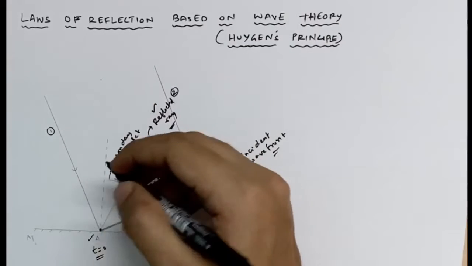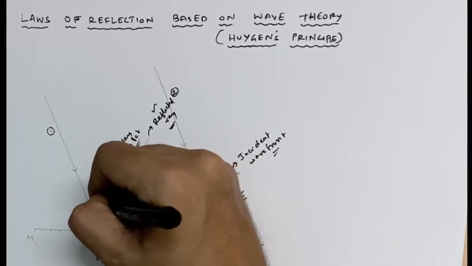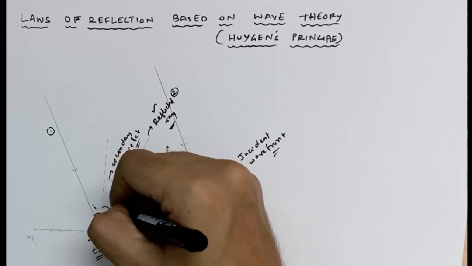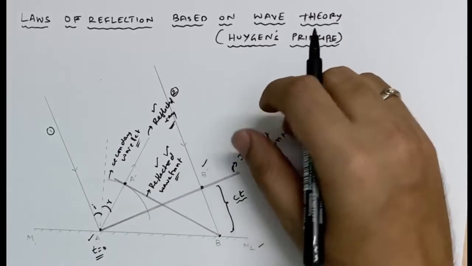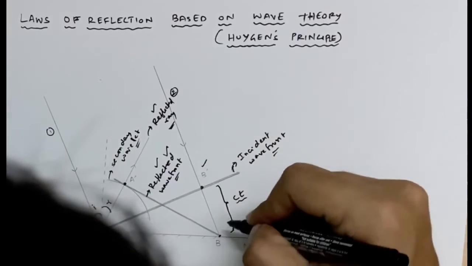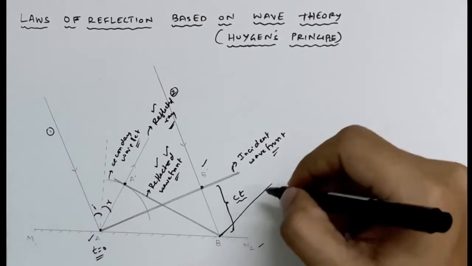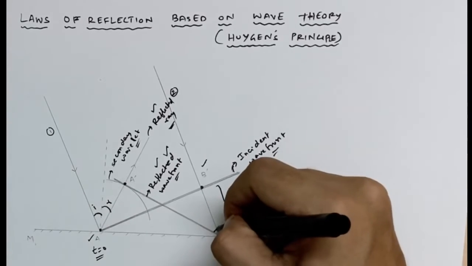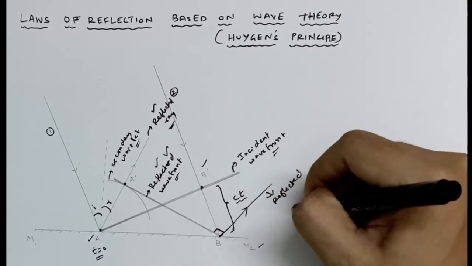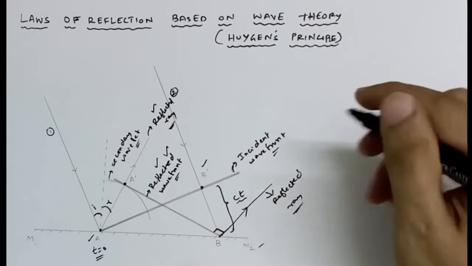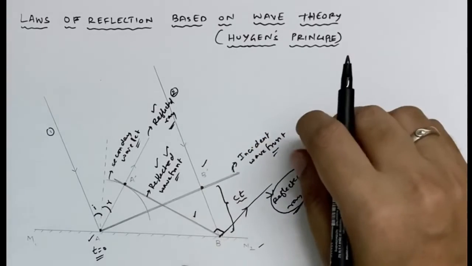When you draw it in such a way, if this is taken as the angle of incidence, then this is the angle of reflection. Similarly, if you draw a perpendicular to this reflected wavefront, this will give us the reflected ray, because the reflected ray is also perpendicular to this wavefront.